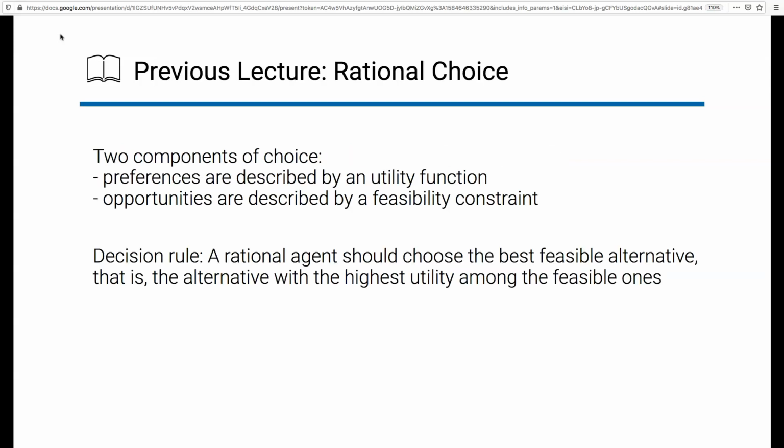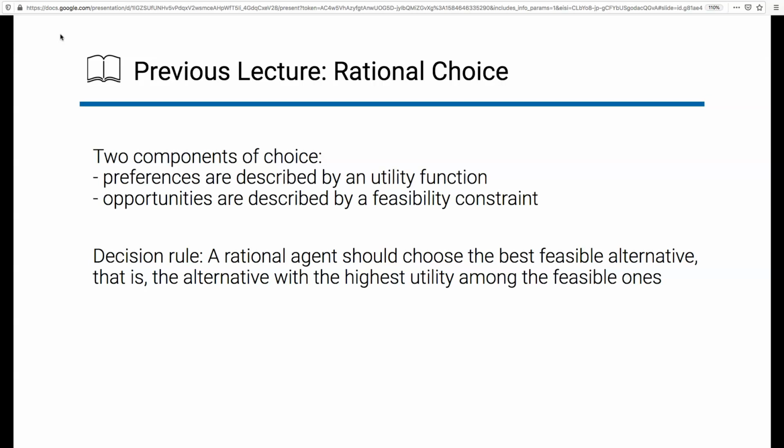Before we begin, a quick one-slide recap of what was covered in the previous video. In the previous video, I introduced the basic framework for decision-making, the theory of rational choice, and it basically says the following. There are two components of choice, preferences and opportunities, and if preferences are complete and transitive, then we can use a utility function to describe them.